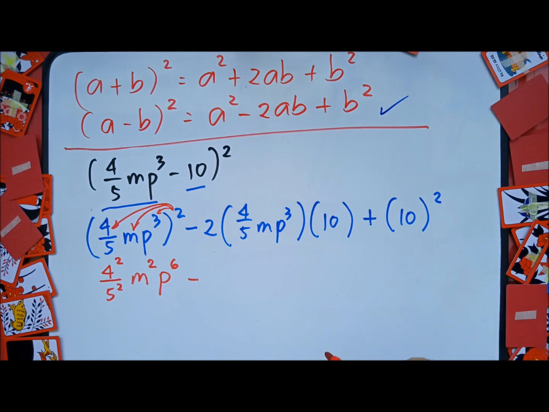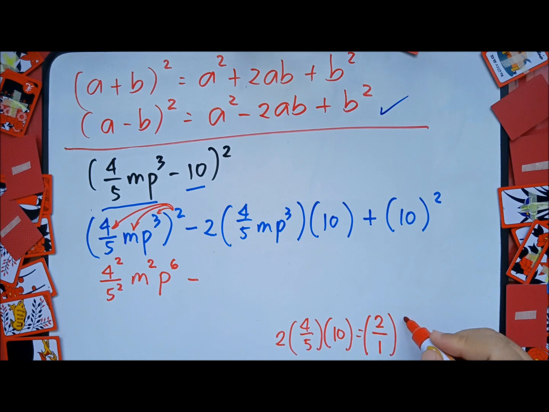Okay, I'll just discuss this first. 2 times 4/5 times 10 is also the same as 2 over 1 times 4 over 5 times 10 over 1.